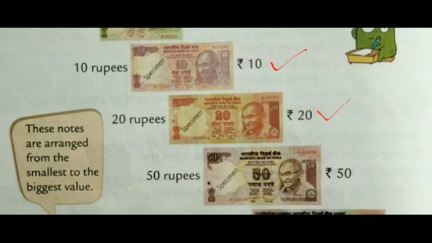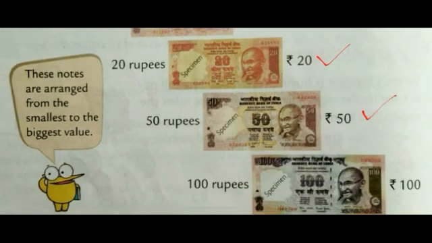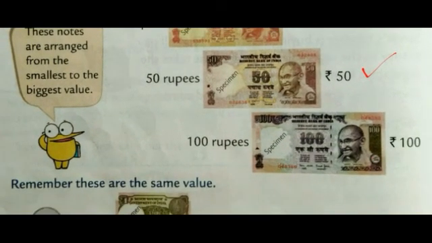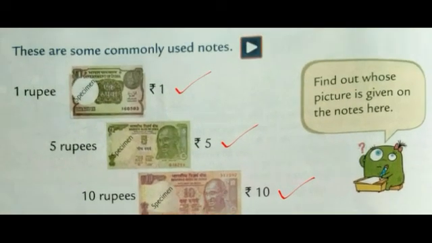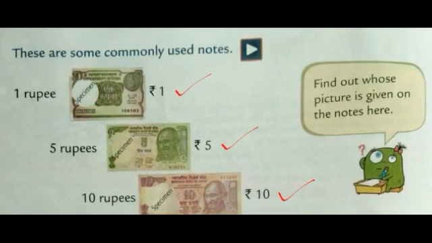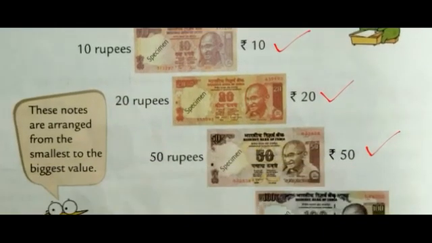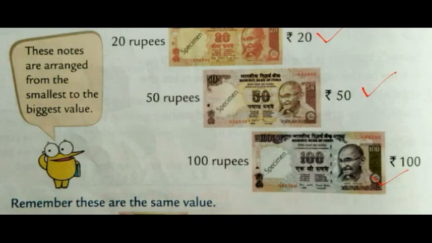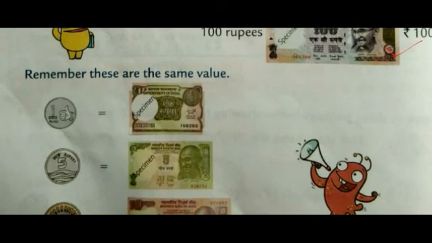It is a 20 rupee note, 50 rupee note and 100 rupee note. Scholars, these notes are arranged from the smallest to the biggest value, starting from 1 to 100.